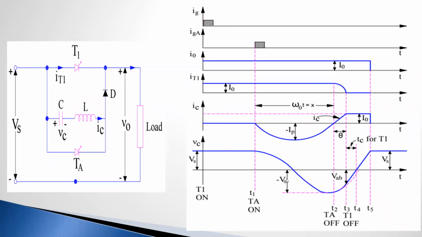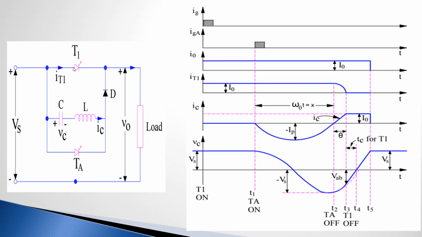The total time interval is divided into initial time 0, T1, T2, T3, T4, T5. It is clear? At time t equal to 0, at the origin point, T1 is triggered. T1 is turned on by giving the gate pulses.